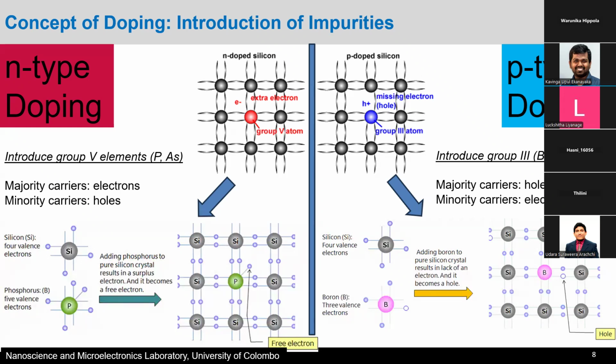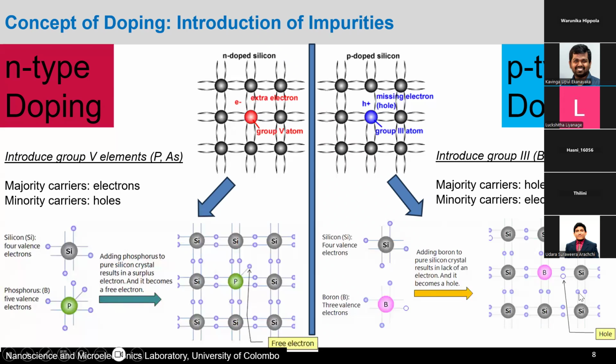The same goes for p-type doping of the silicon lattice. In this case, we are introducing group 3 elements such as boron or aluminum into the crystalline lattice, and what happens is it only has three electrons in its outermost shell. They are being shared. So one bond is lacking here, and that lack of an electron, as you can see over here, is called a hole, right?